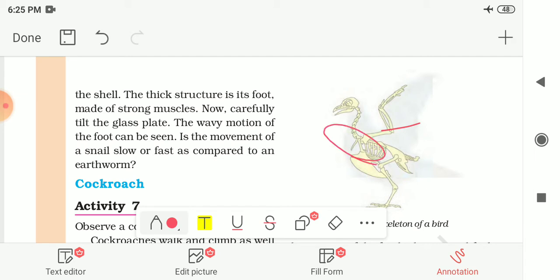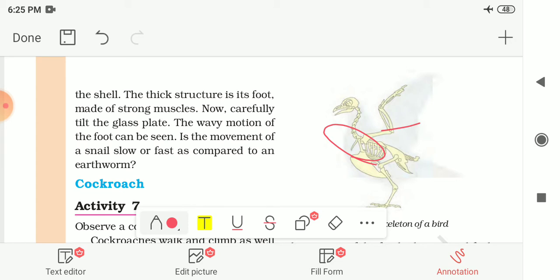These chest muscles are not shown to you, but they help the wings in flight to move up and down.